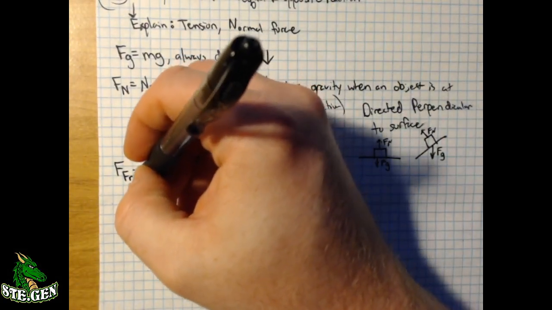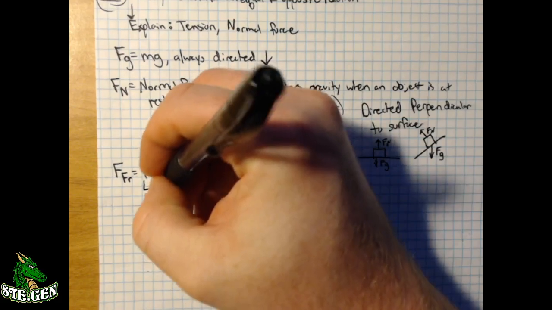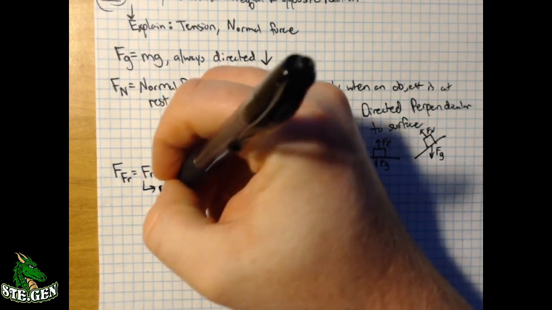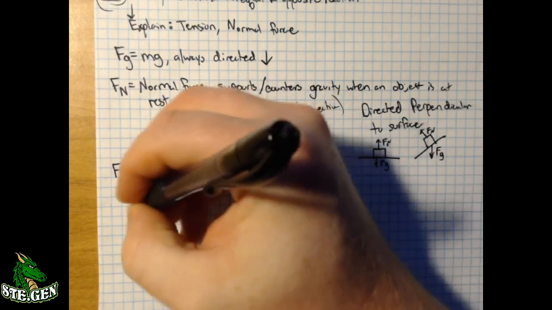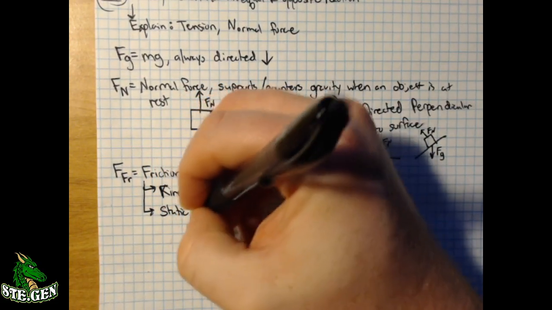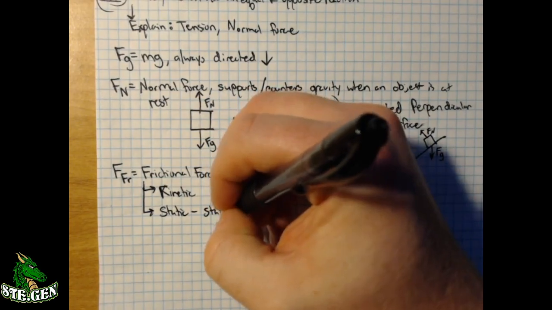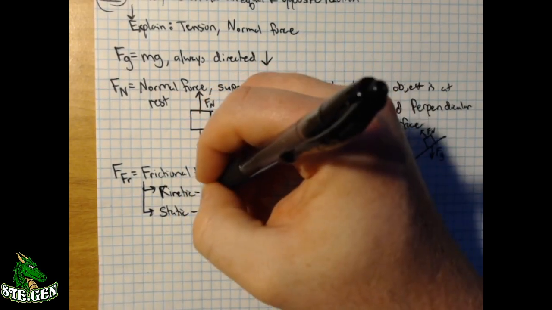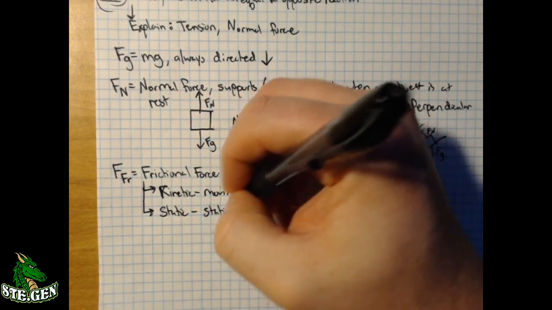There's two categories of this: kinetic and static. Static is when it's stationary. Kinetic is when it is moving.